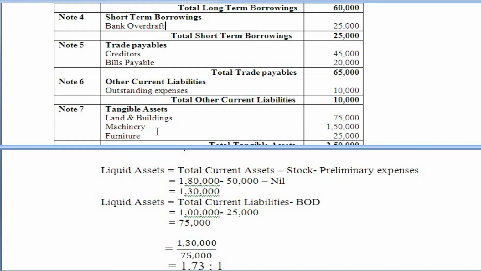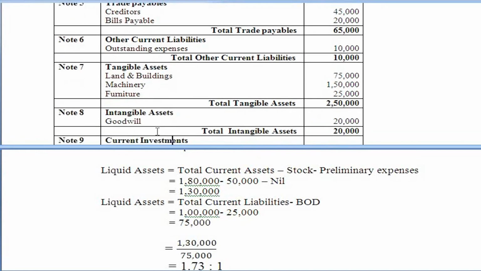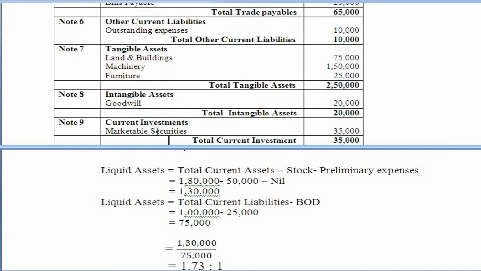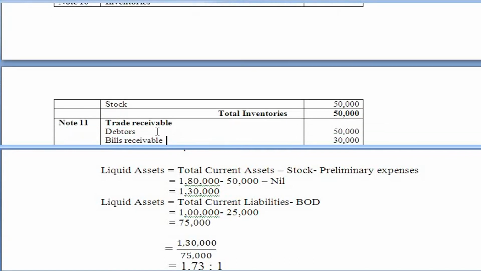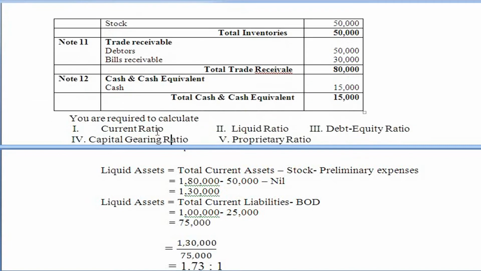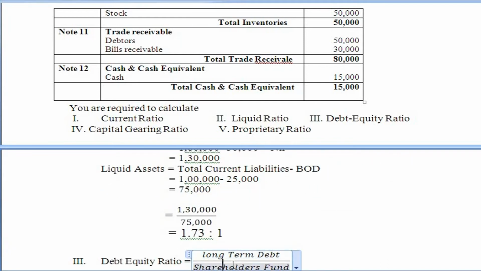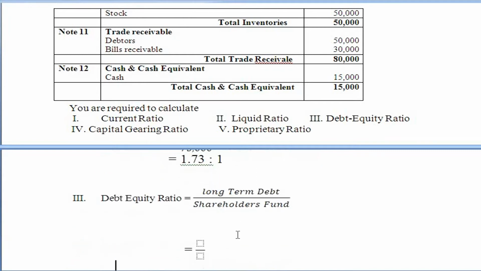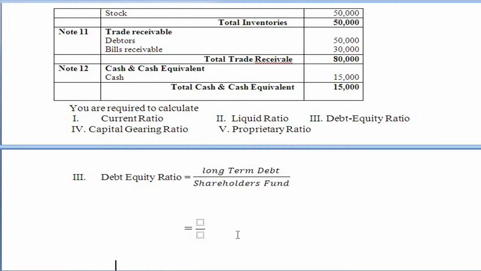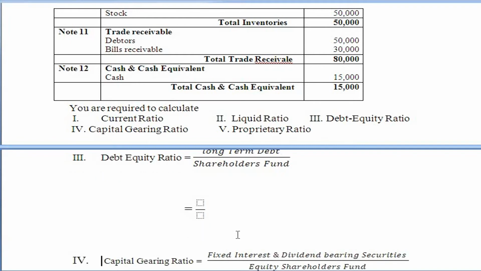Now next one, after liquid ratio, which is the next one? Debt equity ratio. So next line, write third one, debt equity ratio. What is the formula of debt equity ratio?